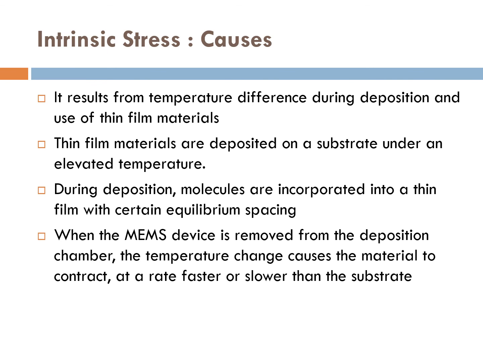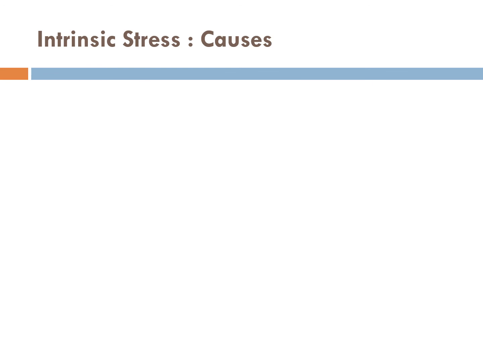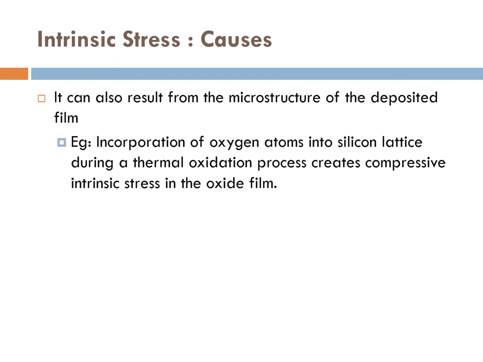The intrinsic stress in a thin film is tensile when a film wants to become smaller than the substrate, and compressive stress results when the film wants to become larger than the substrate. Intrinsic stress can also result from the microstructure of the deposited film.